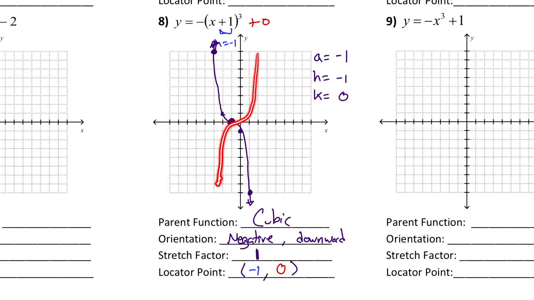But now that it's negative orientation, it would look like this. But you'll notice it's been shifted to the left. So that's why now it looks moved. All right. So the key point here is, this is your locator point.